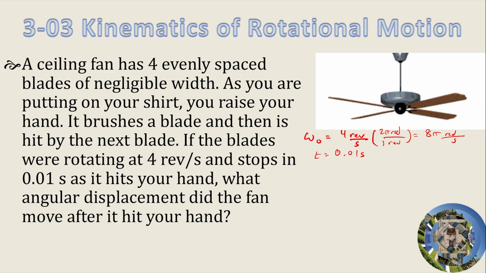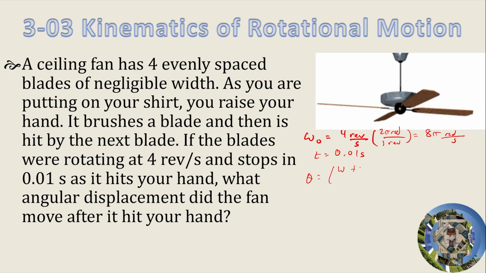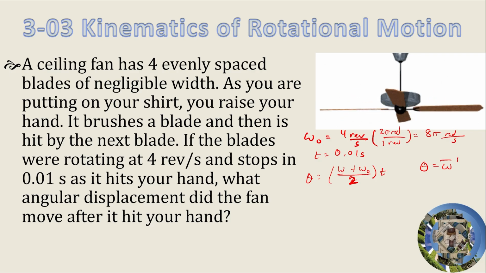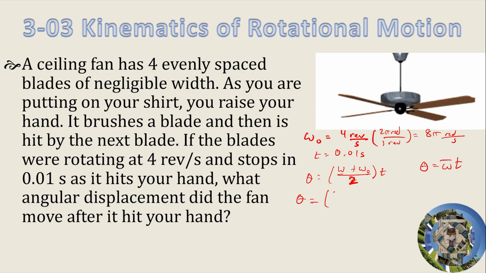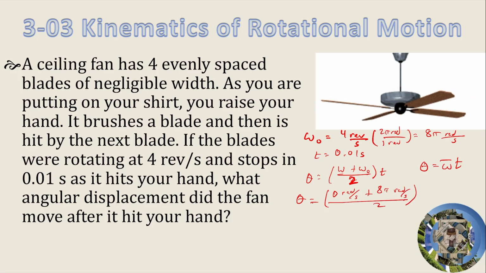So maybe we could use that. Position is average velocity times time, but the average is adding up the initial and final and dividing by 2. It stops, so our final velocity is 0. The initial is 8 pi, and our time is 0.01 seconds.